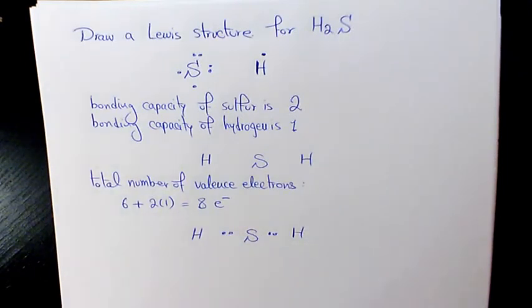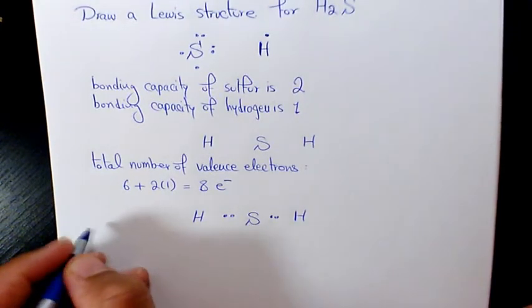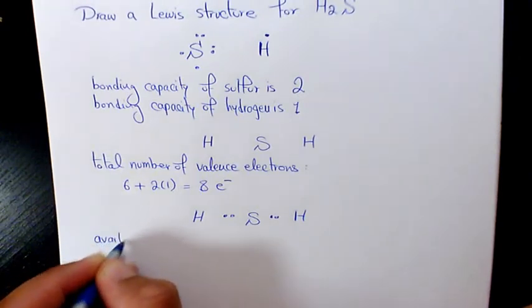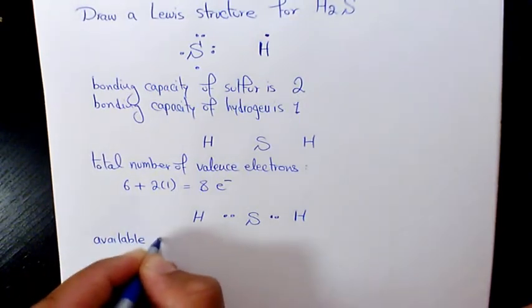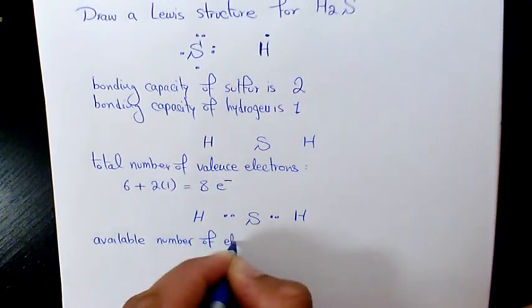Then place pairs of the remaining valence electrons as lone pairs on the surrounding atoms, as you see here, to get the octet rule. But we know for hydrogen we follow the duet rule, so it's 2 already, so we don't need to put any more electrons on the hydrogen. So let's find out the available number of electrons.